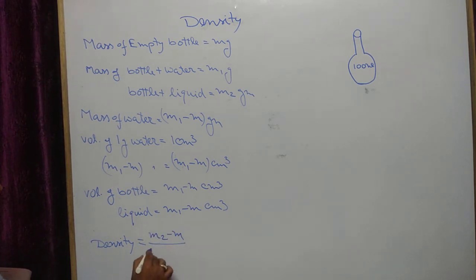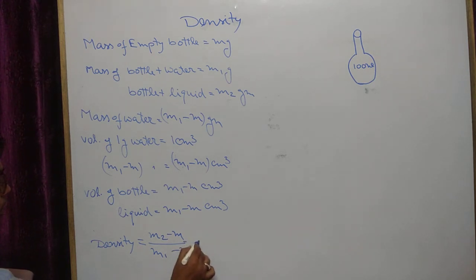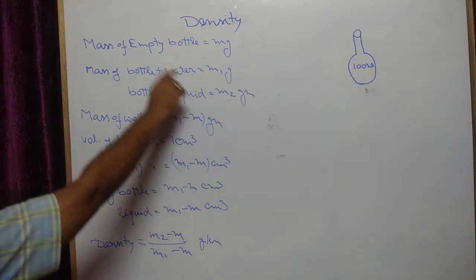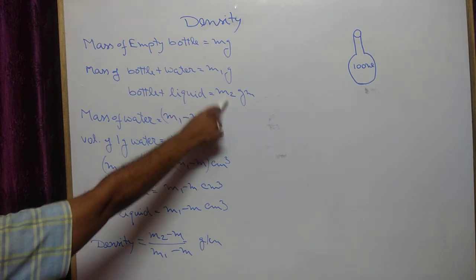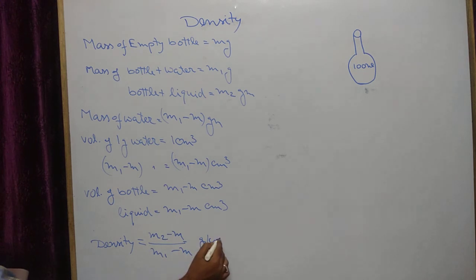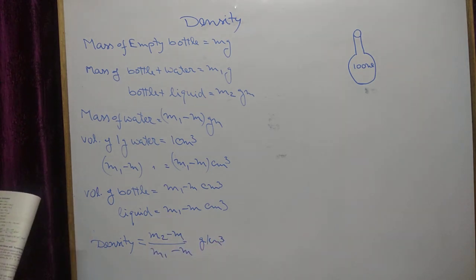Volume of liquid is m1 minus m. Density is in gram per centimeter cube. Remember, bottle plus liquid is m2 gram, empty bottle m gram. So mass of the liquid is m2 minus m, then volume is m1 minus m centimeter cube. So density is this one. Hope this one is clear to you.